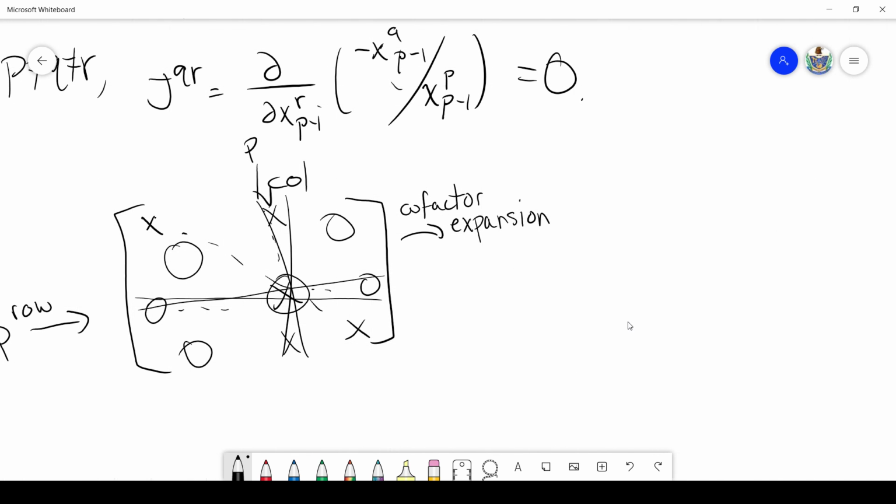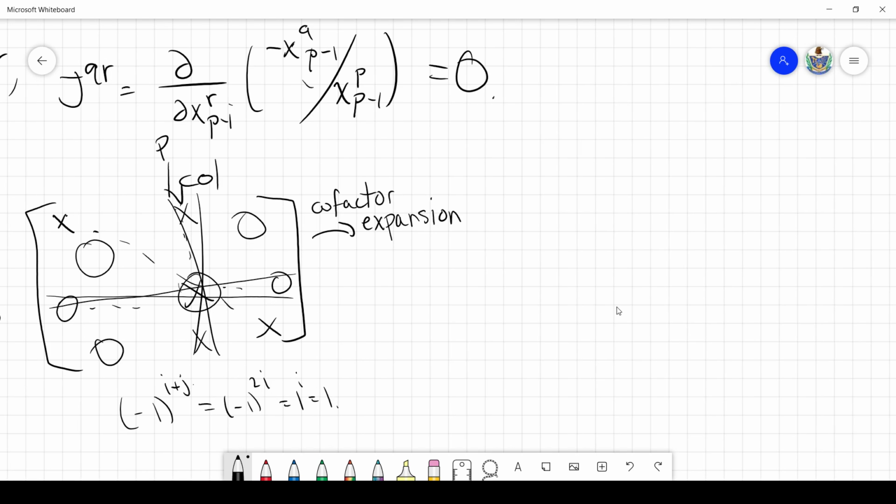Again, what allows us to only look at this term is the fact that this row has all zeros except for this term. Technically we would multiply by a factor of negative 1 to the i plus j, where i and j are the indices. But since we're on a diagonal, i is equal to j, so this is negative 1 to the 2i, which is 1. So that works out in our favor.